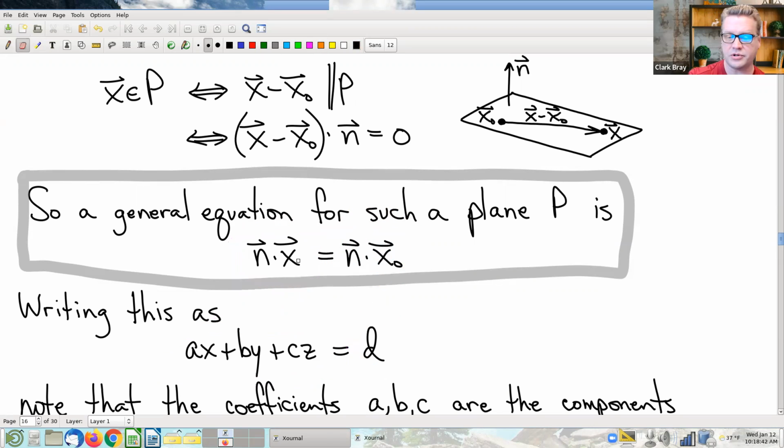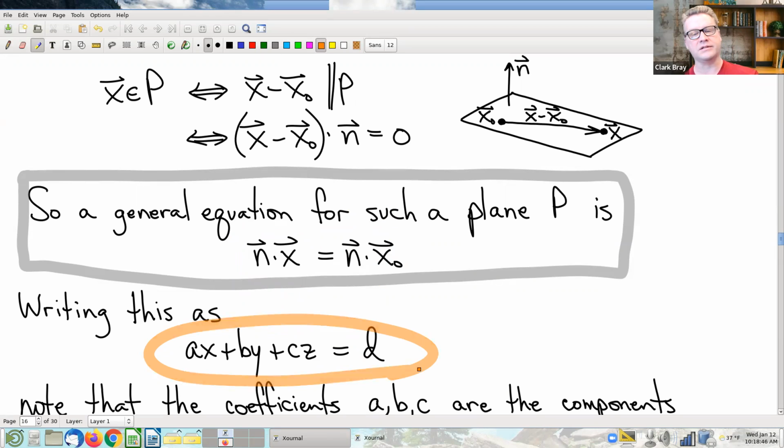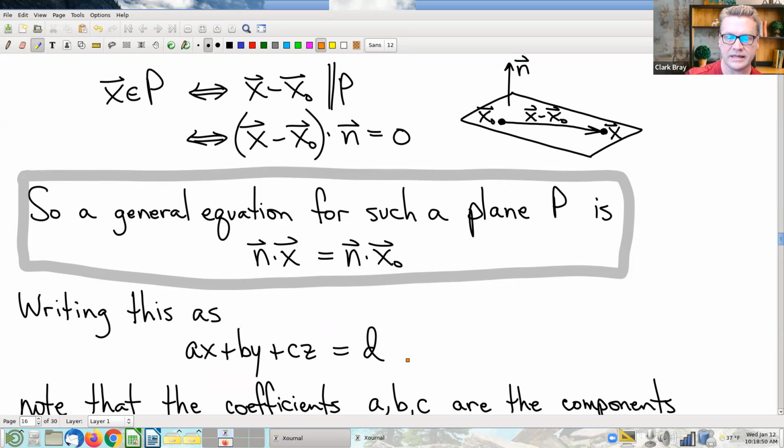So you could, if you prefer, write the equation of a plane like this, and that's also fine. It has its merits. But there is something nicely compact about this form. Here we explicitly see the role that n plays, and the role that x naught plays. I like being able to see what's going on, so I tend to like it in that form better.